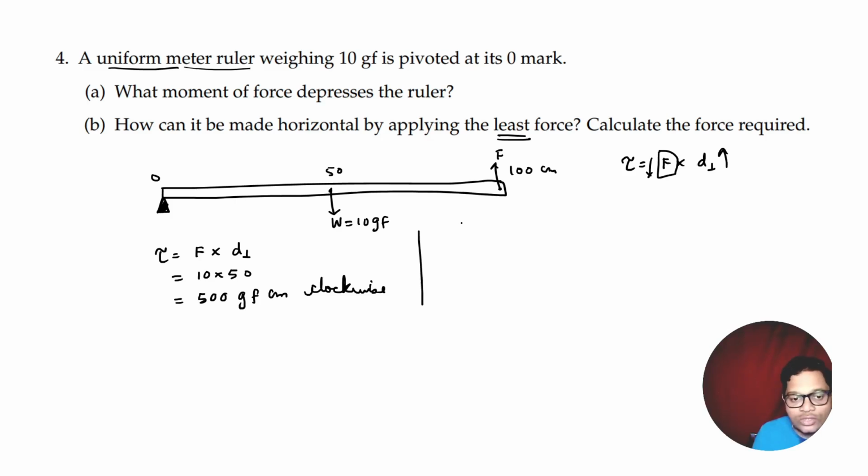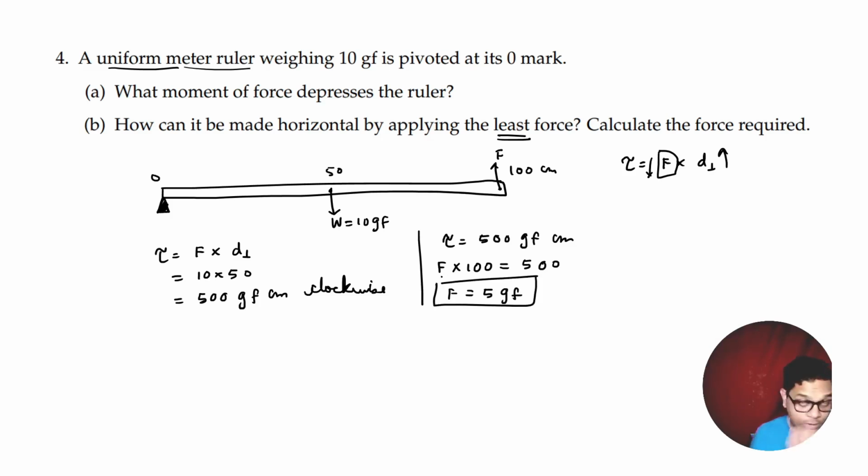And that torque has to be equal to 500 gram force centimeter, because that is what is making the scale go down. So F multiplied by 100 is 500. So F is 5 gram force. Okay, so this is the answer to the question, how can I make it horizontal by applying the least force?